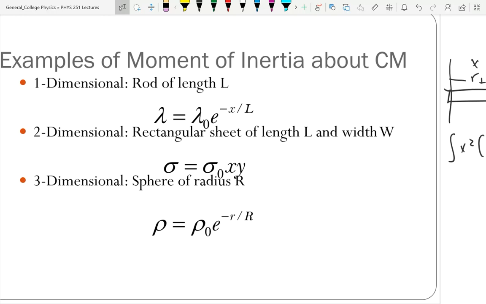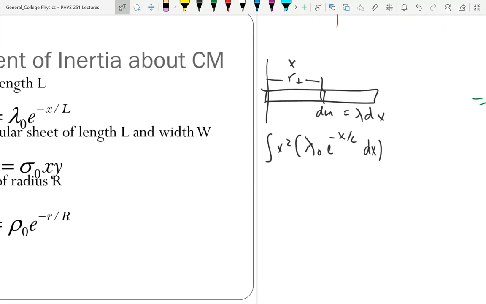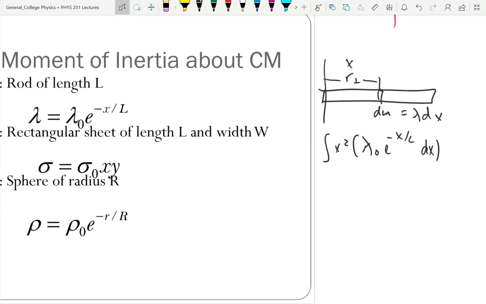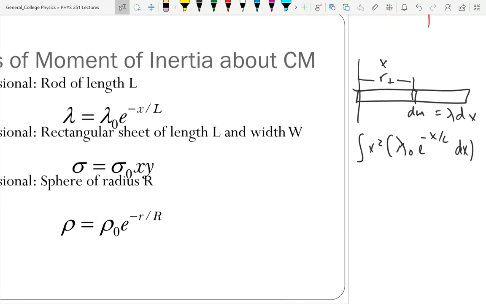Okay, rectangular sheet with the same sigma as before. So if I have a rectangular sheet, we have to decide where we are going to rotate this about. It's going to be given to you in a problem. So how would you want to solve this for an example? Where would you want to rotate it about?